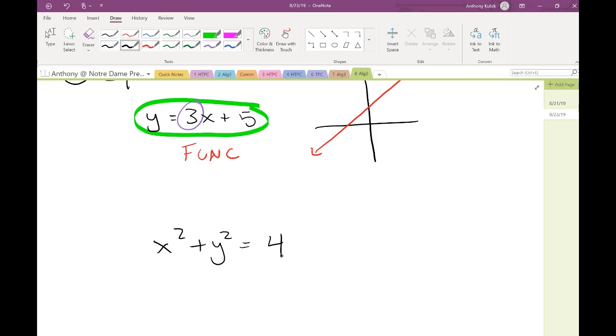Okay, so no, why not, Lee? Do you remember what the graph of this is going to look like? What is the graph of this?